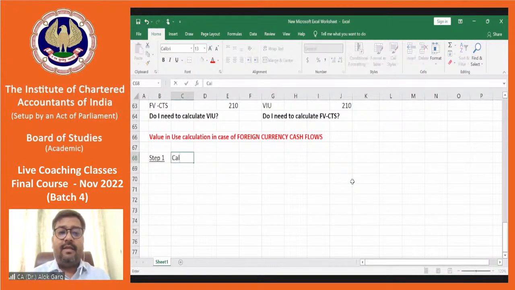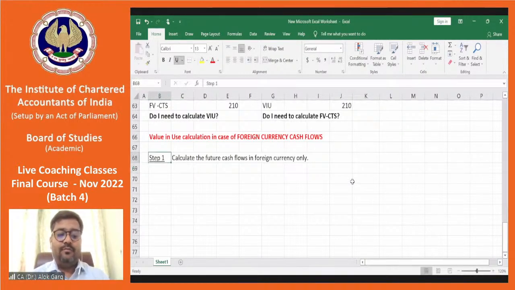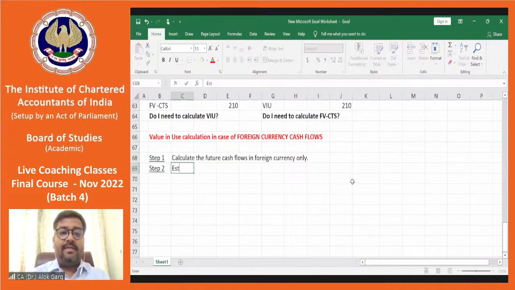Step 1, calculate the future cash flows in foreign currency only. Step number 2, estimate the discount rate applicable to the foreign currency.